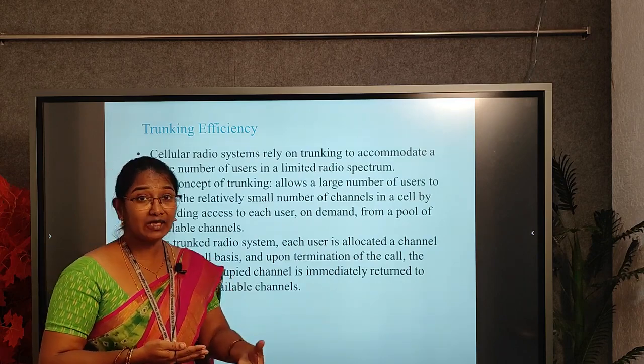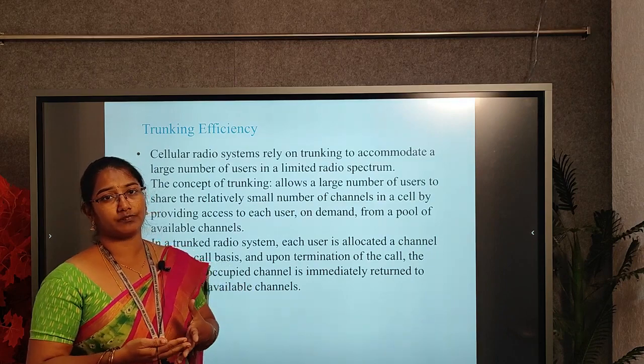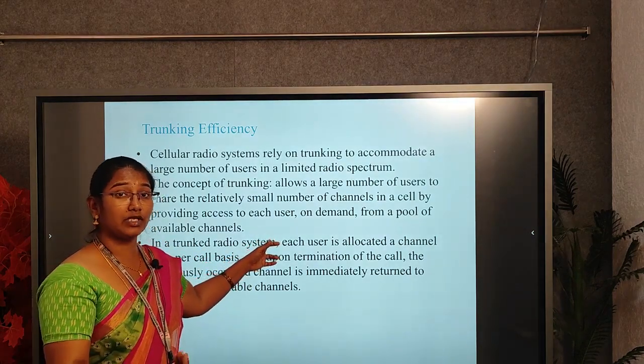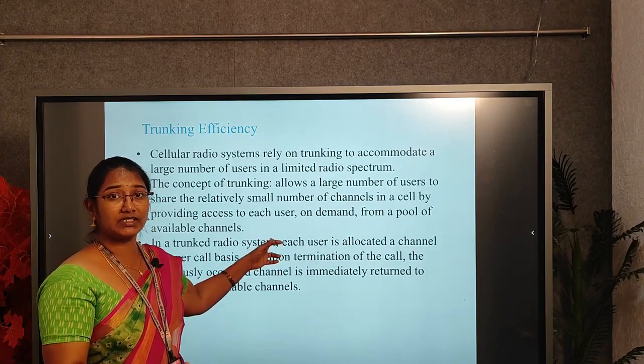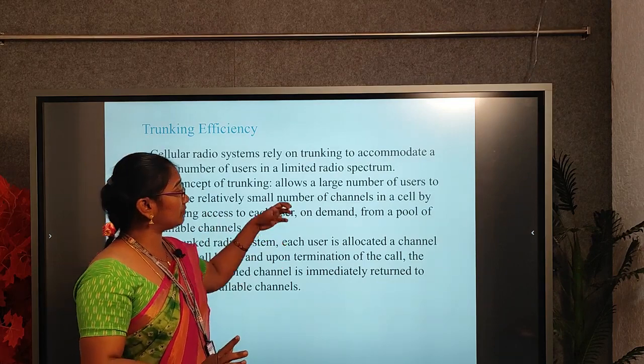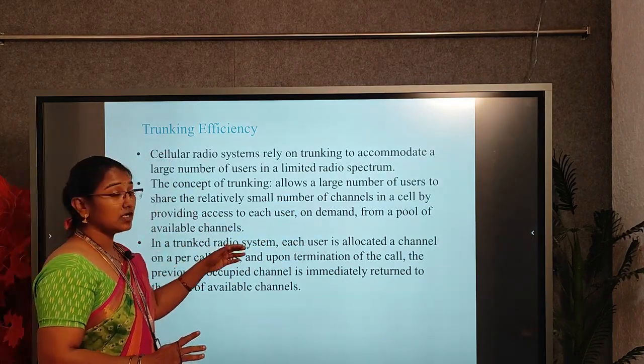On demand basis, one channel is assigned to the customer. Whenever there is a demand, then only access will be provided, otherwise no access will be provided. By using this type of work, the trunking efficiency is increased.